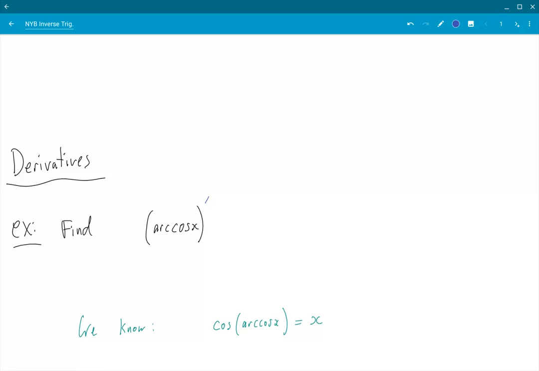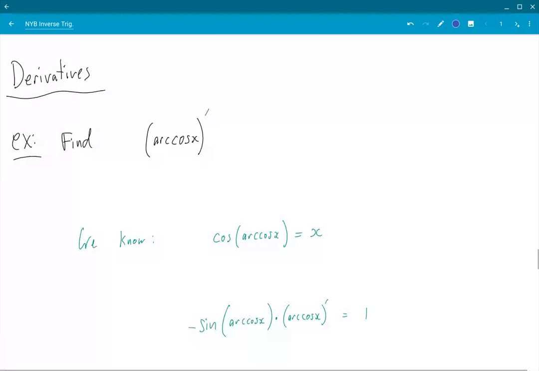Now, what do I want? Well, I want to find this derivative. So I should take a derivative of both sides. I do so, and I get this. You're going to have to remember your chain rule.